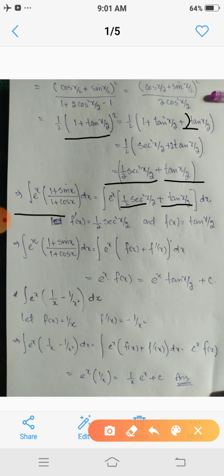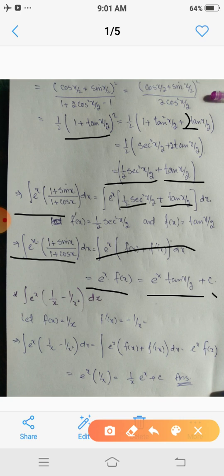Hence the given integral, that is the integral e^x (1 plus sin x) upon (1 plus cos x), becomes the integral of the form e^x into f of x plus f dash of x, where f of x is tan x by 2. By using this special integral, we get its indefinite integral as e^x into f of x, that is e^x tan x by 2 plus c.